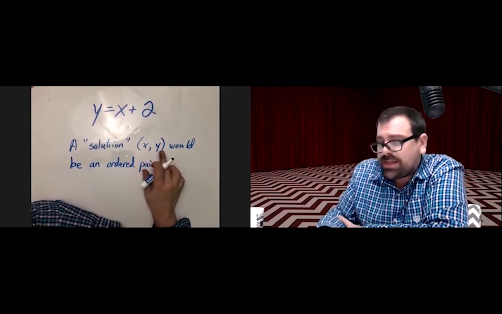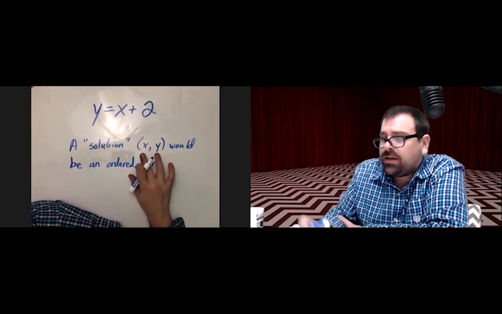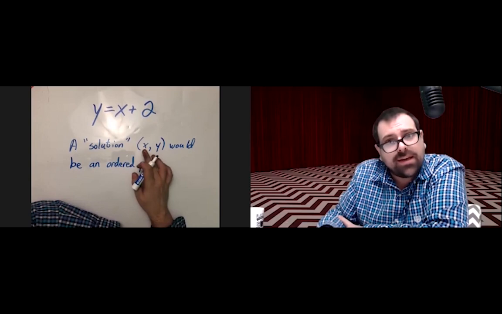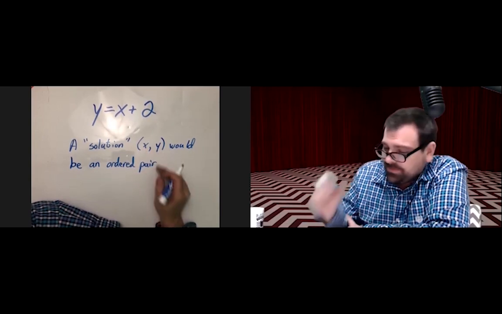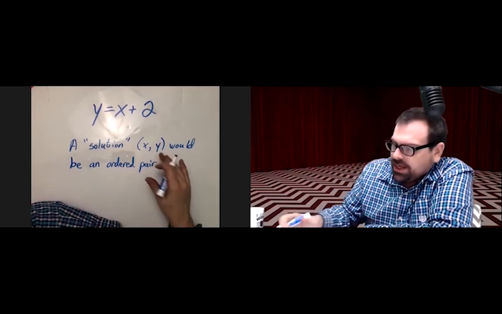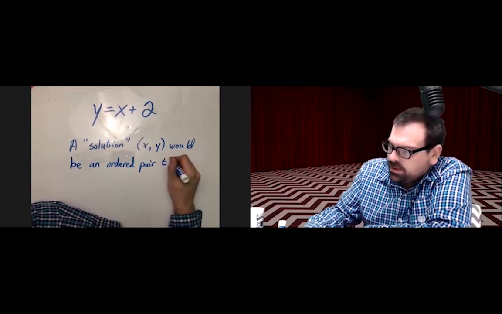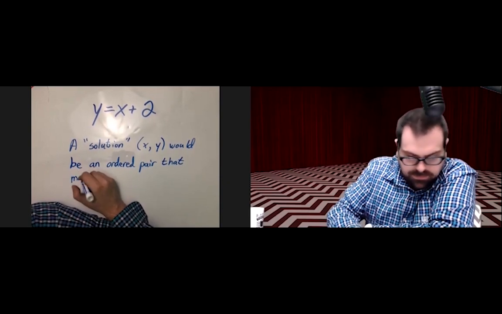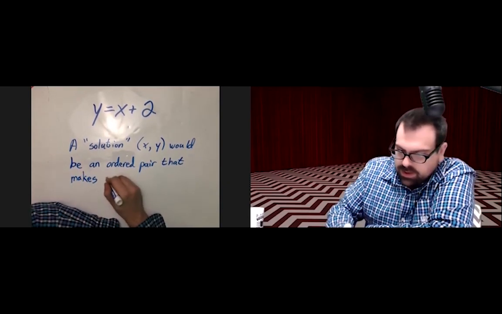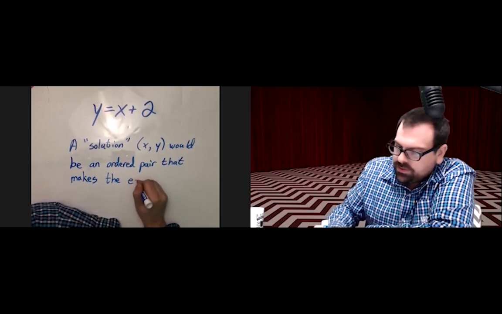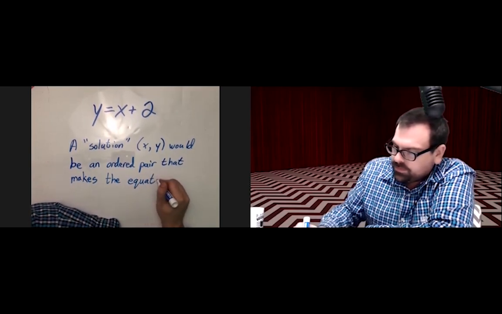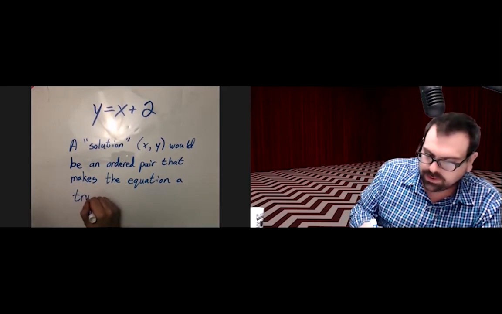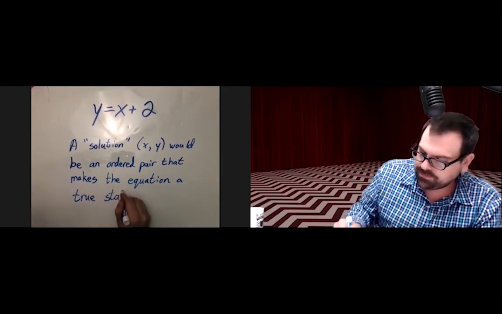The first is always x, the second is always y. If you switch them around, it wouldn't be the same thing. So a solution, (x, y), would be an ordered pair that makes the equation a true statement.